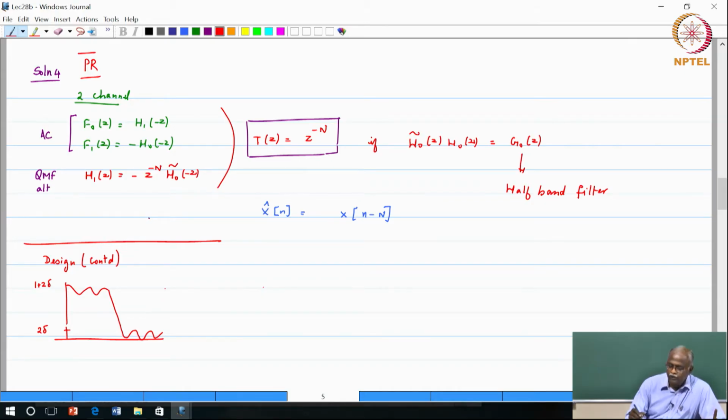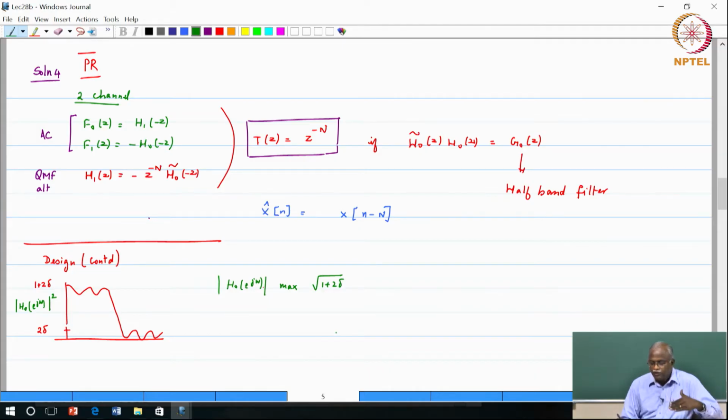But now if I want to treat this as something magnitude squared, so if I want to visualize this as H0 E of j omega magnitude squared, then the first thing that I want to look at is the maximum value of H0 E of j omega magnitude. The maximum value will be the square root of 1 plus 2 delta. Okay.